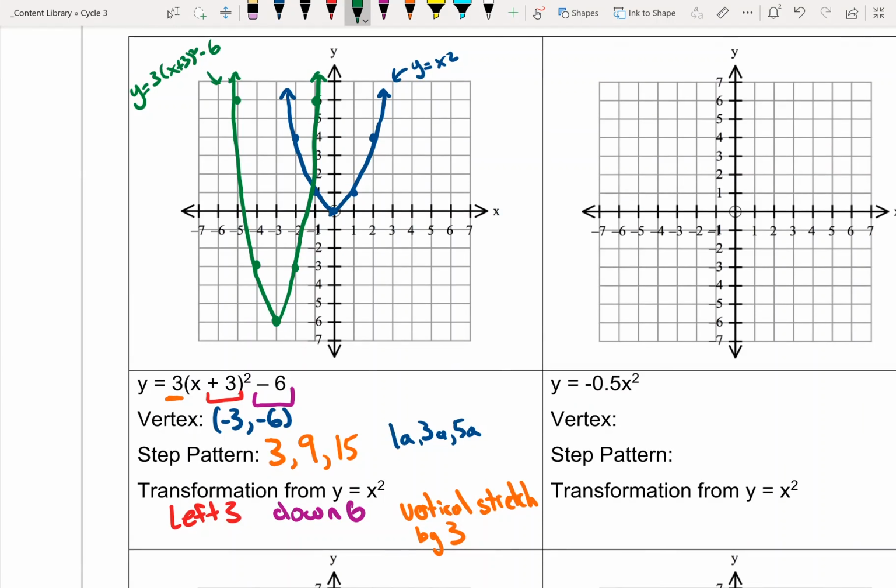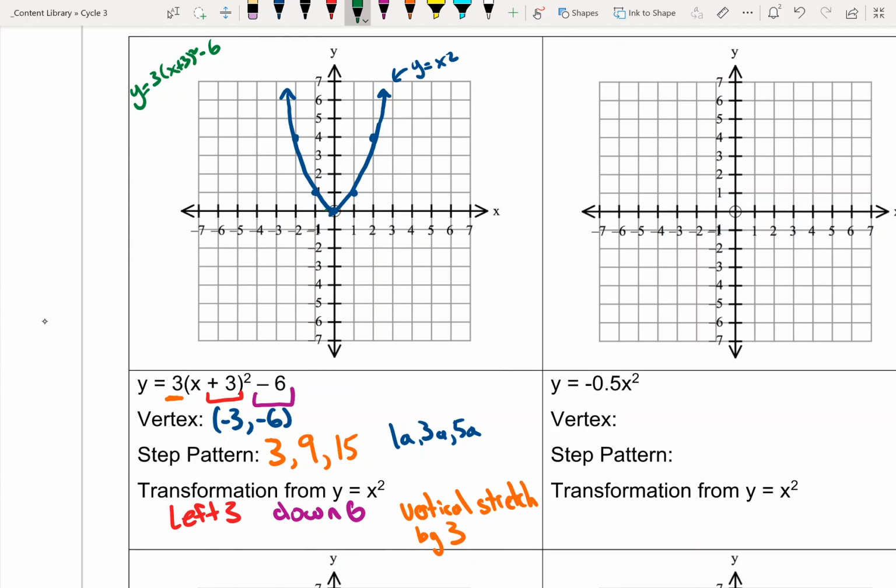The other way you could do it, and I'll go the other way as well, is to apply the transformation to each point. Because we have that vertical stretch, if I start at 0, I know I have to move left 3, down 6, and apply a vertical stretch of 3. It's actually helpful to do the vertical stretch first, because if you apply it after, it can get a little confusing.